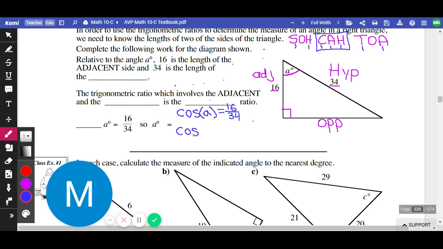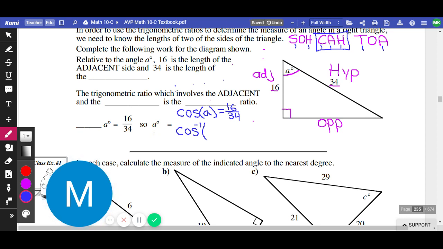On your calculator, it's probably the same button as cosine. On these calculators, it for sure is the same button. All you have to do is hit second and then cos. That's why we call it second cos. When you hit second cos, this should pop up with a bracket. Try it.